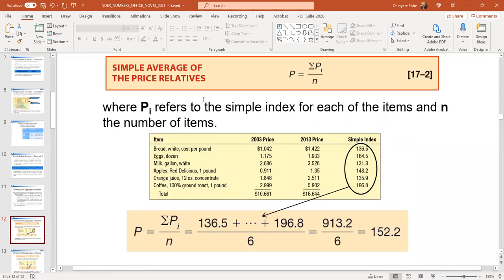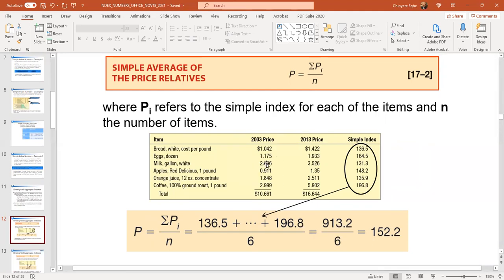A simple aggregate index is where you're looking at different goods, different items. For example, bread. In 2003, bread cost $1.42 per pound.